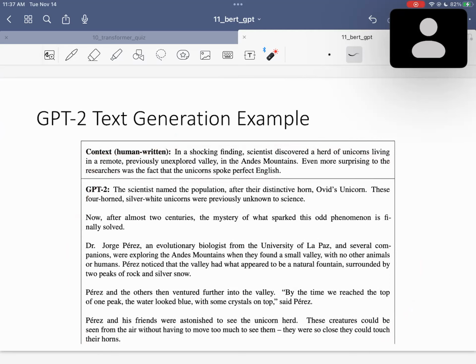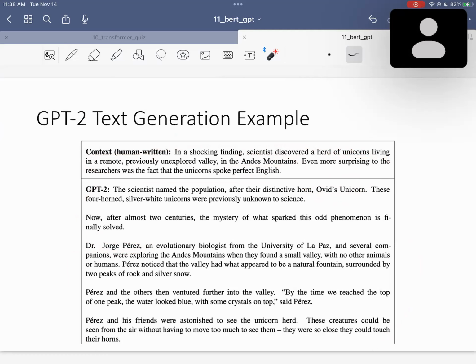It even gives the unicorns a name. Because the unicorns were found in the Andes mountains, the discoverer, the professor's name, GPT-2 gave the name Jorge Perez. This is a very fitting name, because the Andes mountains are in South America, right? So it's around Bolivia or Peru or somewhere.